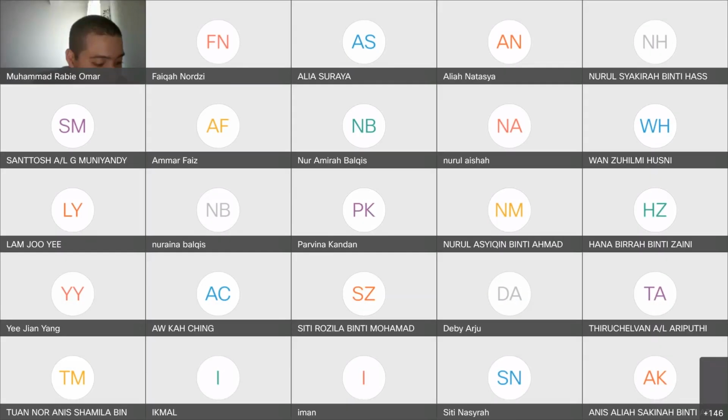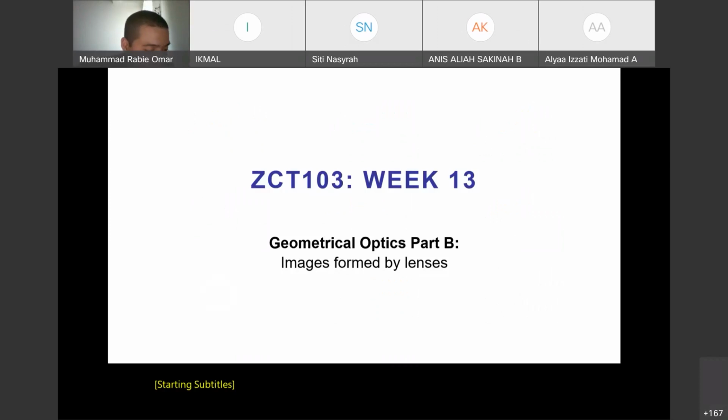Okay, today we will be covering the lens. Like last week, we went through the mirrors, and then we went through how to draw the ray diagrams for the mirrors, and I also explained the sign conventions, I mean the value of P as well as the value of Q. For both P and Q, we have to decide their sign, whether P should be a negative value, or Q should be a positive value.